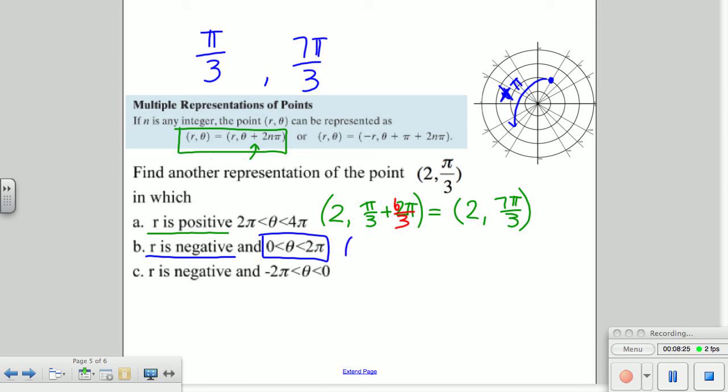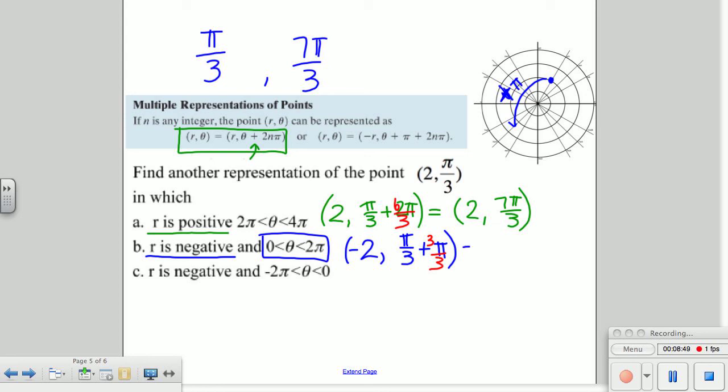So in this case, I'm going to take my radius of 2 and change it to be negative. But then I have to take my angle 2 pi over 3 and add pi to it, because I'm going to get it to flip to the other side. Now pi is 3 pi over 3.